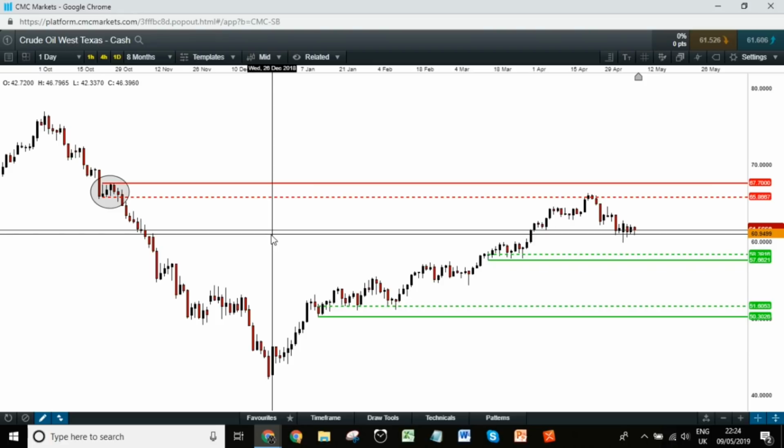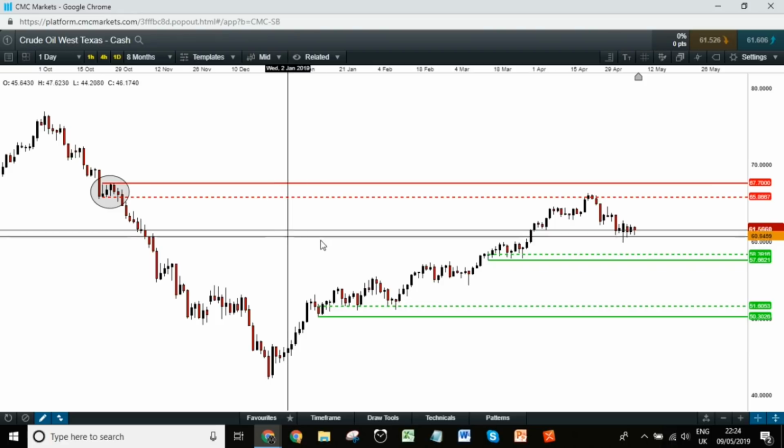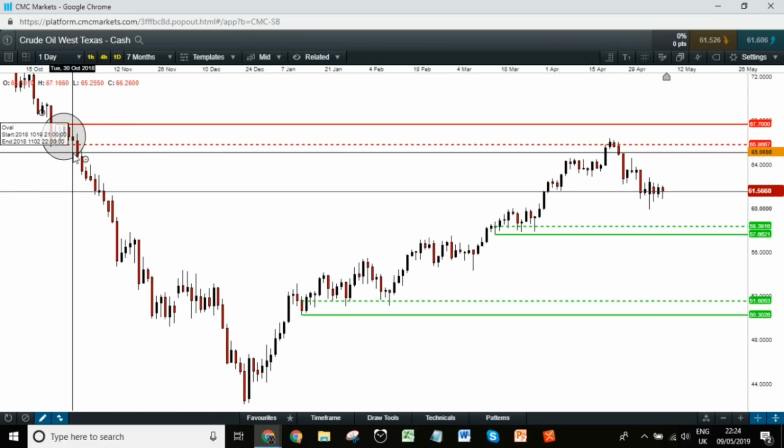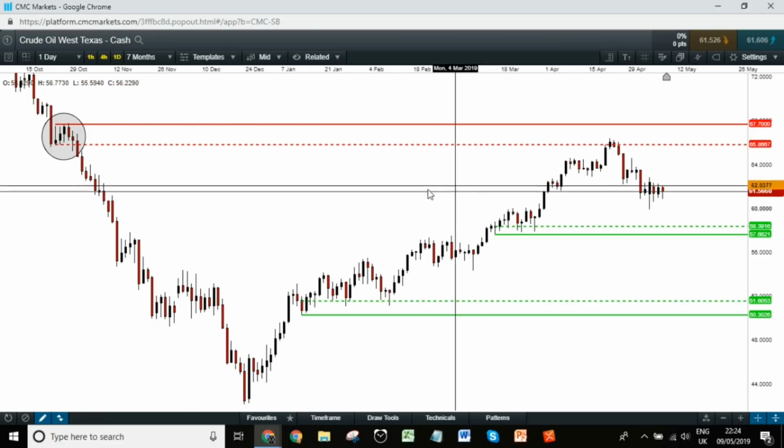I hope this is making sense, guys. So we say to ourselves, this isn't a supply and demand zone, because it's so far out on the time scale.